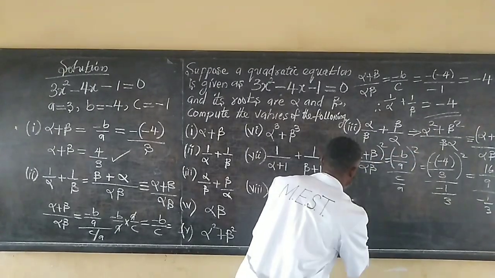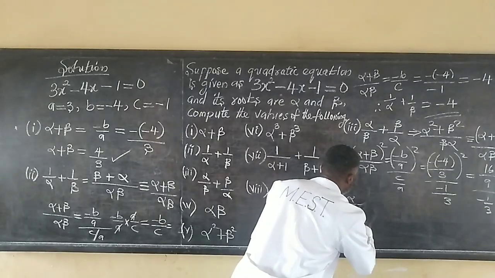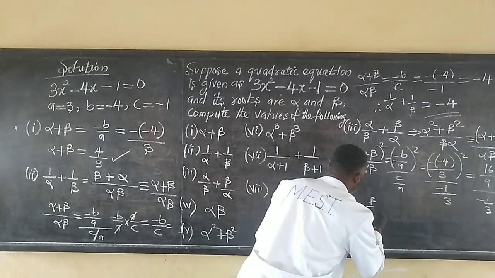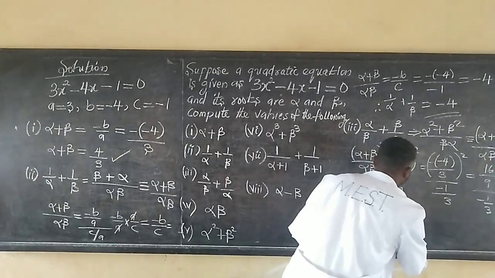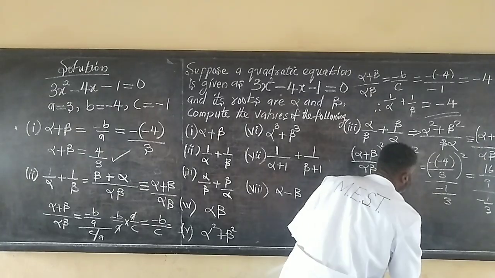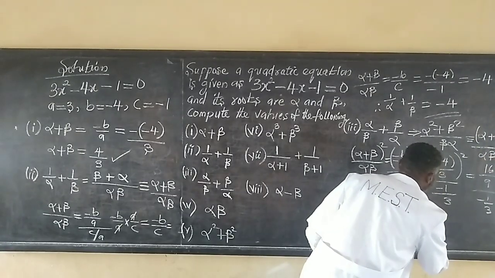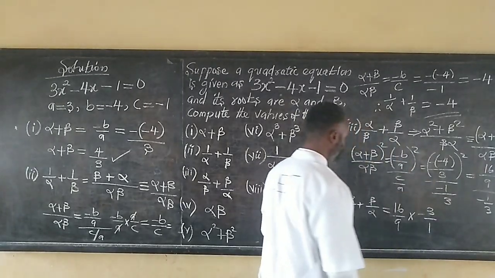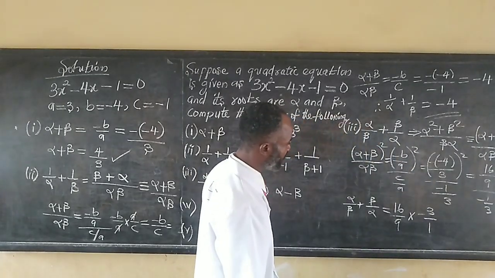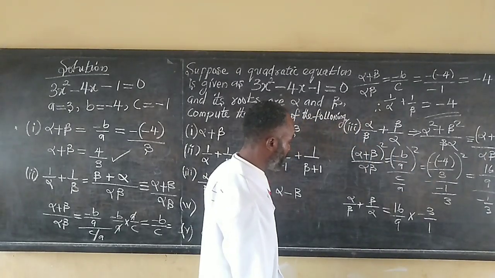We can now see that alpha over beta plus beta over alpha can give us 16 all over 9 times minus 3 all over 1. That makes sense, I think. Yes, it makes sense.